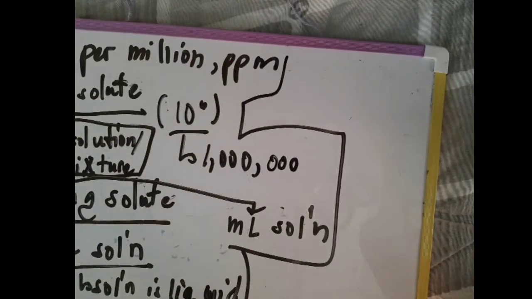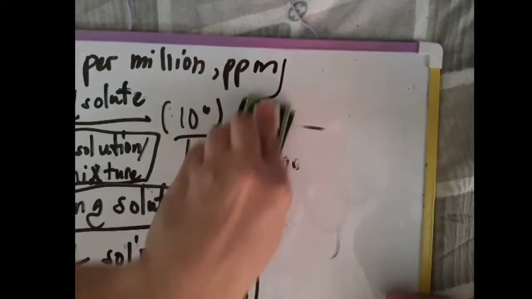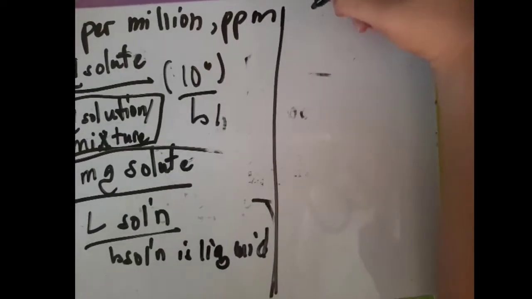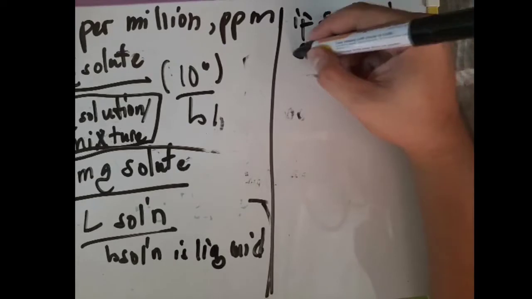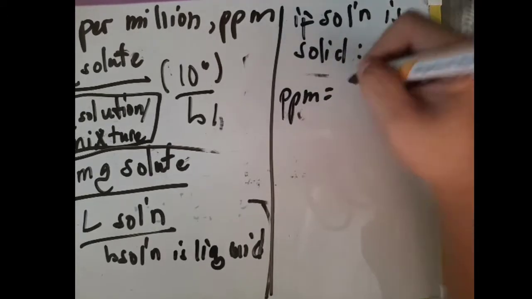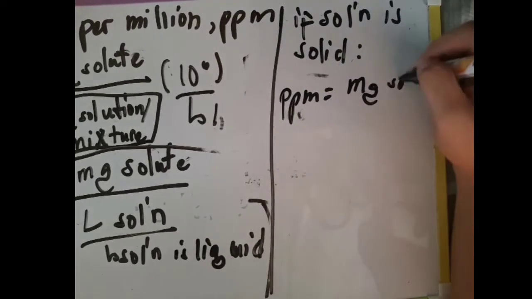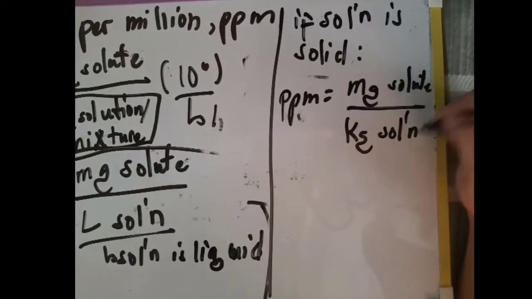Now, if the solution is solid or adopts a solid phase, that means your parts per million can be expressed as milligrams of solute per kilogram of your solution or mixture.